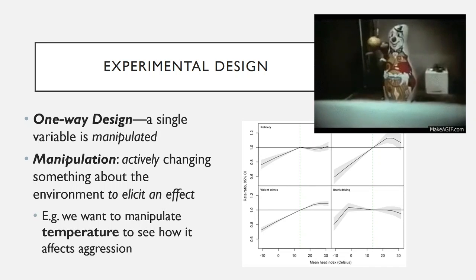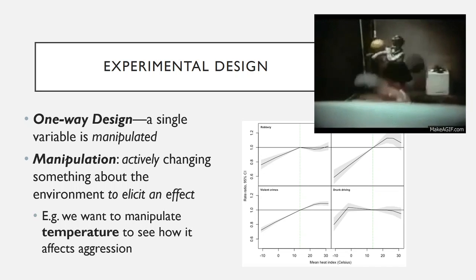Maybe more people are out and about in the summer, so there's just more people on the streets, so there's more opportunities for crime and aggression. Maybe people drink more in the summer, and we know alcohol can definitely have an effect on aggression. So you can't really state with confidence, based on this very consistent finding of temperature and violent crime, that temperature causes aggression.